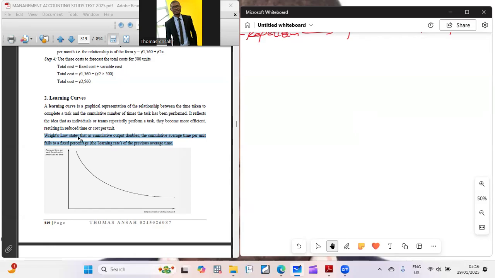This law is very, very important, and it is what we are going to base all our discussion on. As cumulative output doubles, the cumulative average time spent falls, given a fixed learning rate.